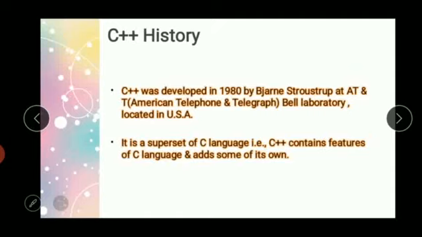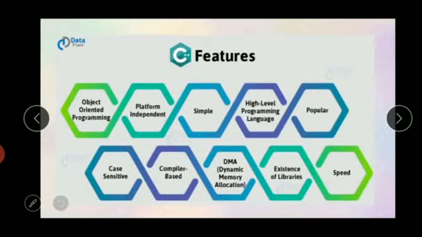So what are the features of this language that are helpful for us, for programmers? There are 10 features. Object-oriented programming: what does it mean? We will discuss it in the next slide.